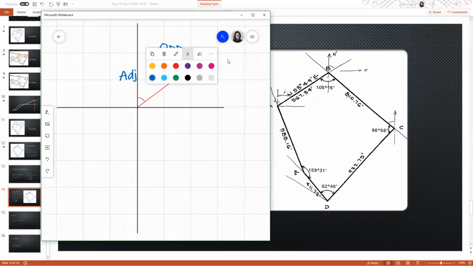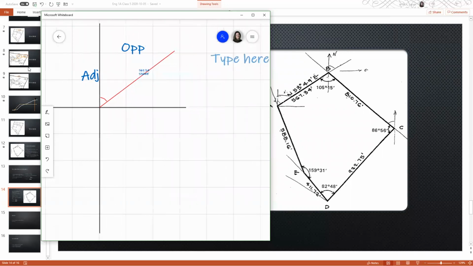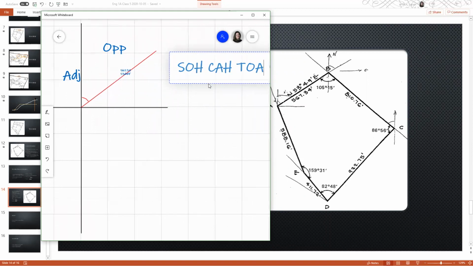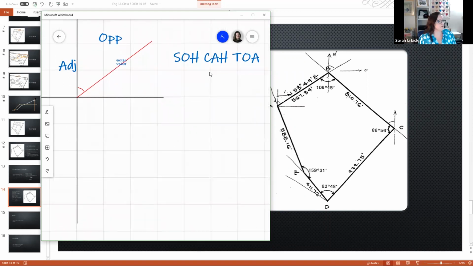That'll give us the position of B, because the sine will be x and cosine will be y if we put that in the coordinate. Put that SOHCAHTOA there.